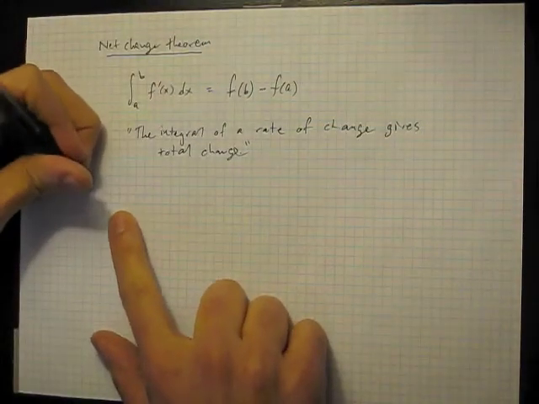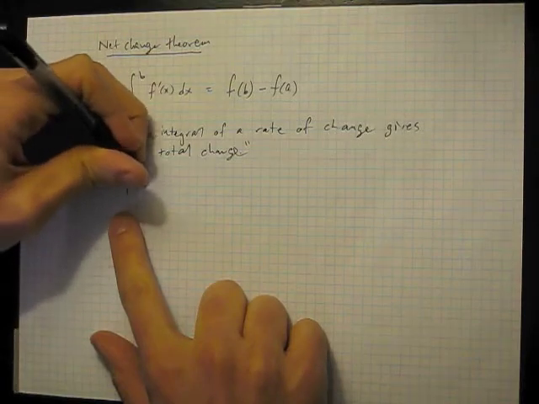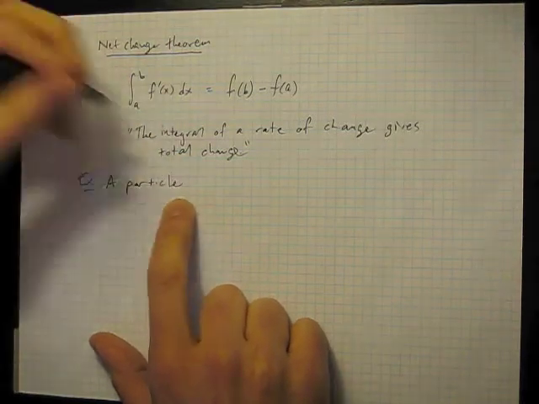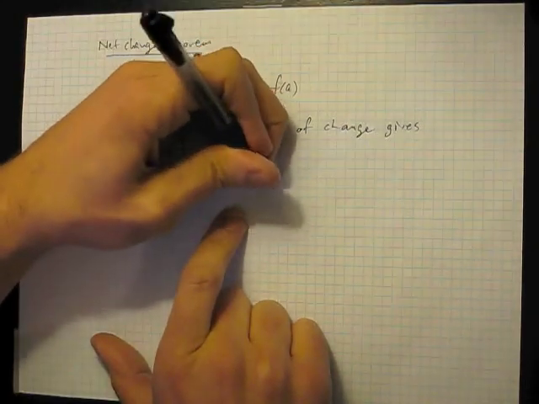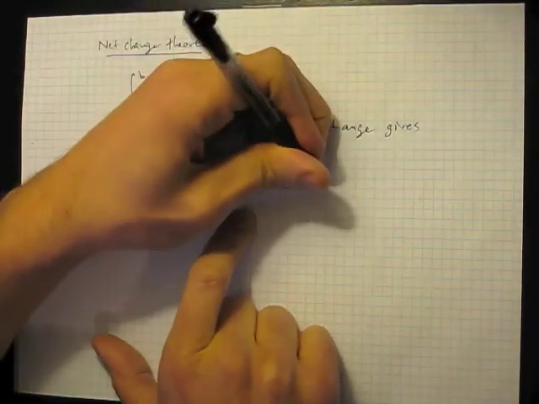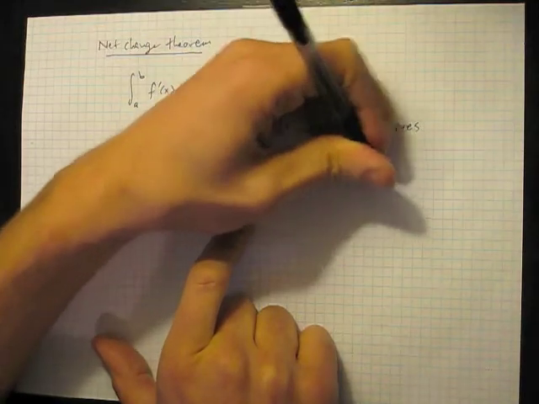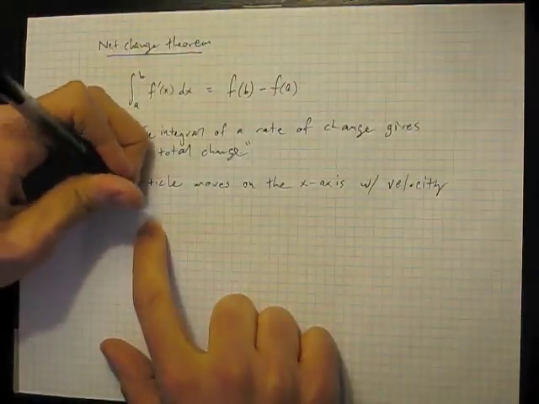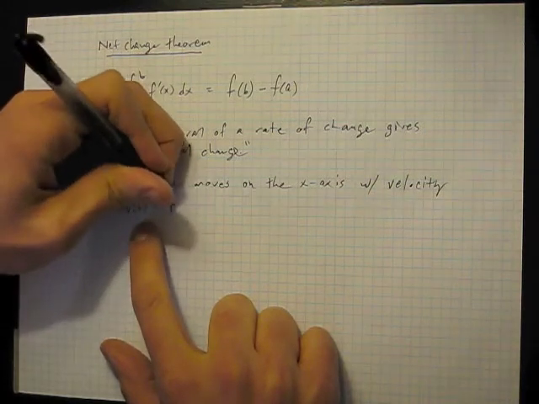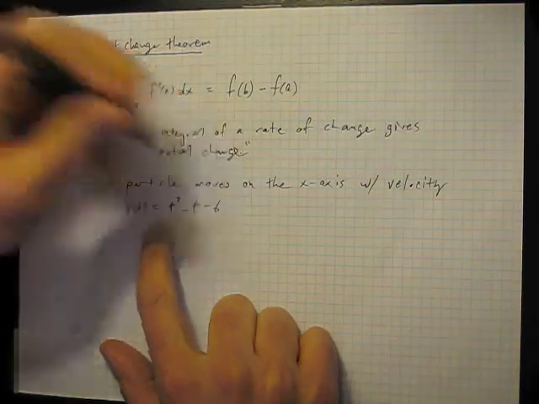Example. Particle, just writing down this problem might take more than 6 minutes. A particle moves on the x-axis with velocity. Here's its velocity function. v of t equals t squared minus t minus 6.